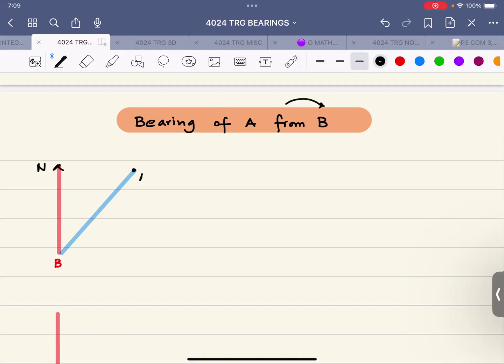And this point over here is A. Let's say this angle is 50 degrees.